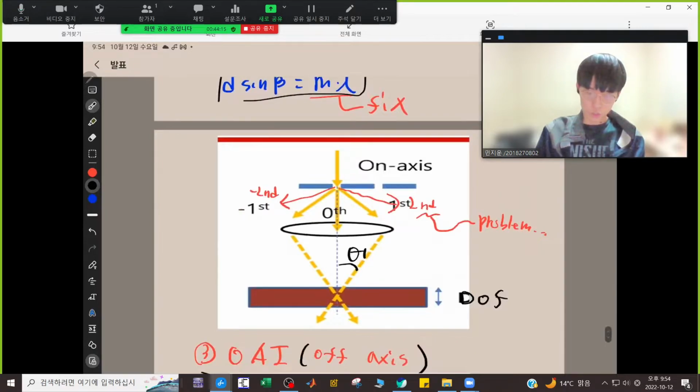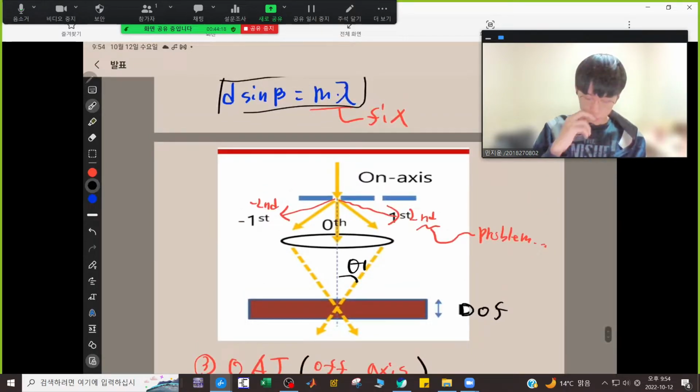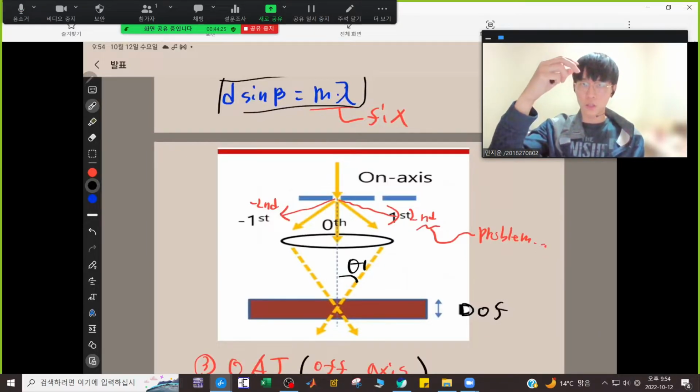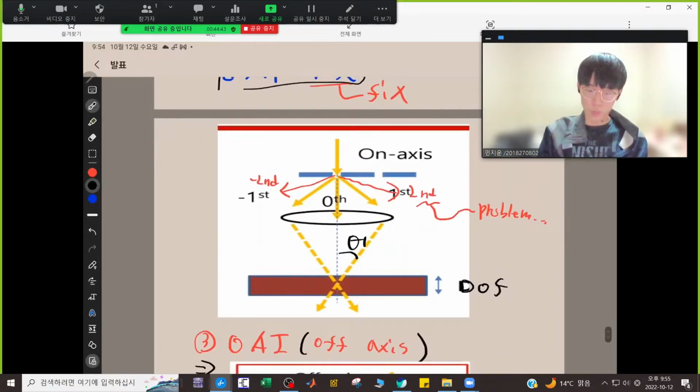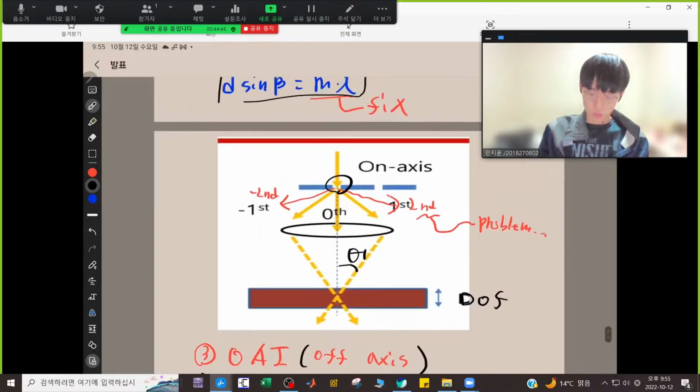If you see this picture, when the light passes through the mask, the diffraction waves have a lot of information about the pattern.